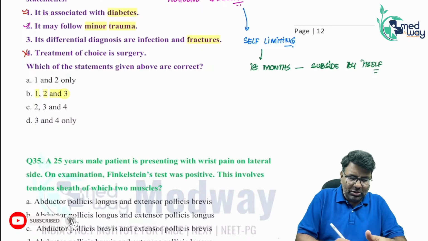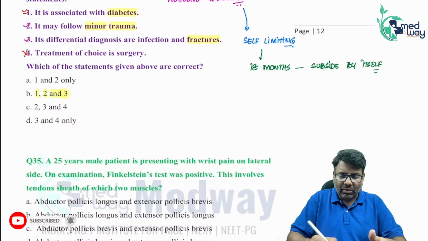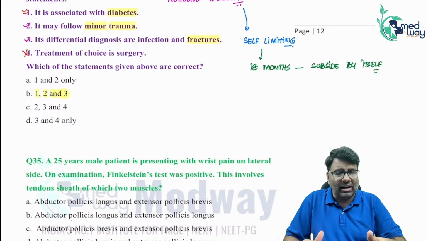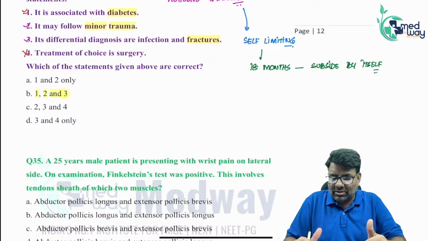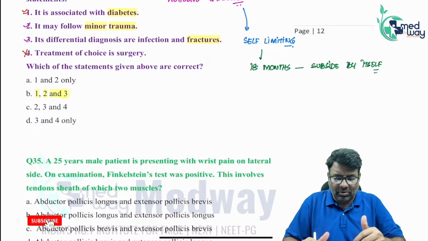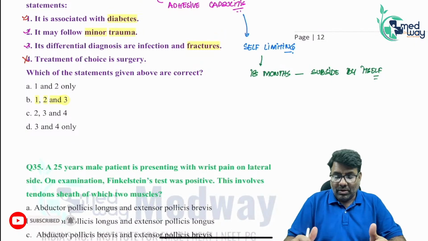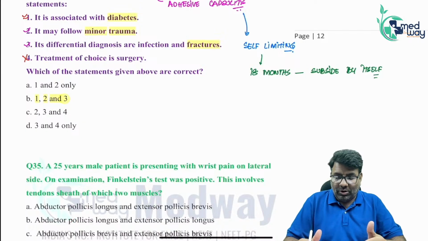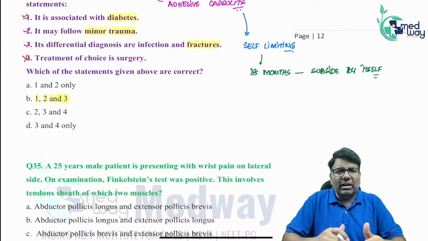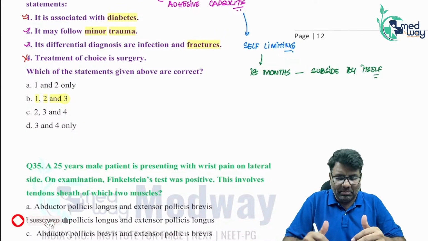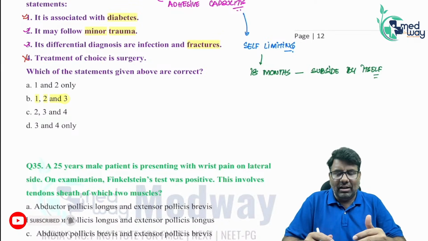So 1 is okay, 2 is okay, 3 is okay. So this condition is self-limiting, and after a course of 18 months, the patient will be relieved of this condition. And from a clinical practice point of view, the patient will keep on changing doctors, because he will not be getting any relief.